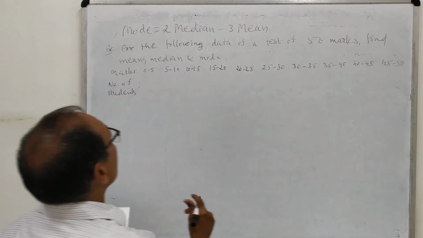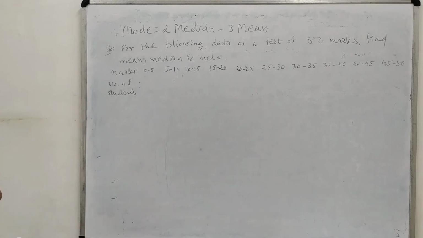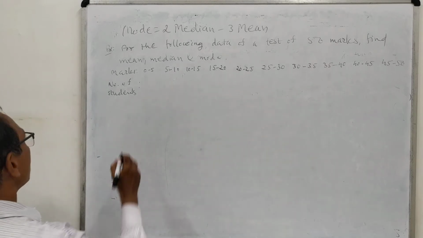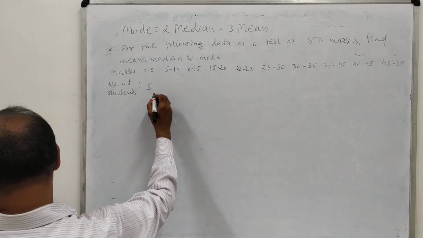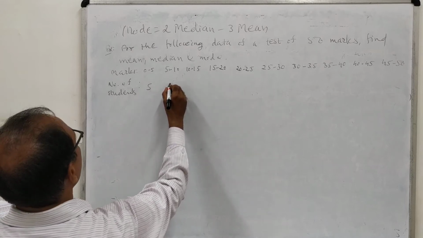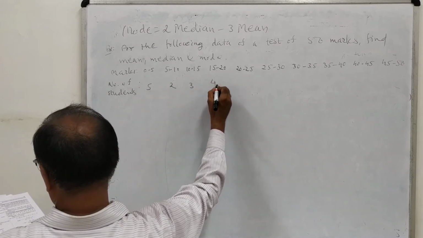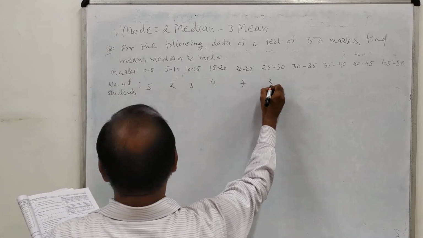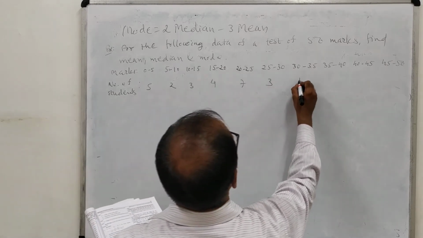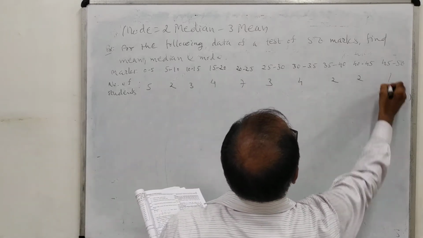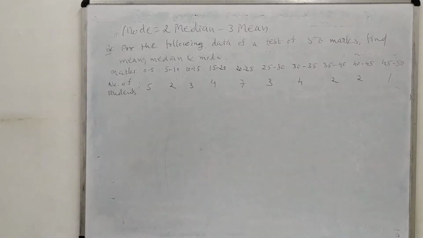So these marks have been distributed in the range of 5. So the number of students getting marks within this range is 5, 2, 3, 4, 7, 3, 4, 2, 2, 1. So here you can find whatever you feel easy to find out.